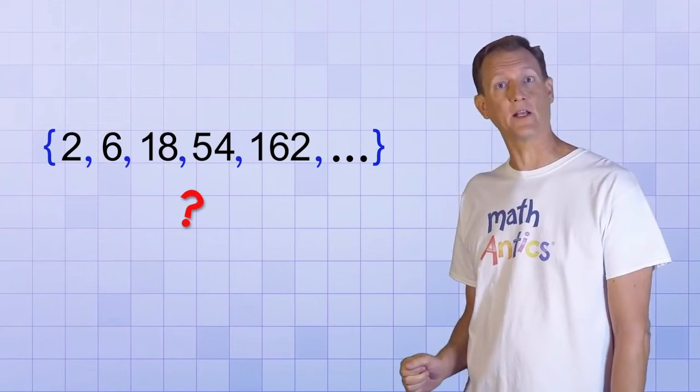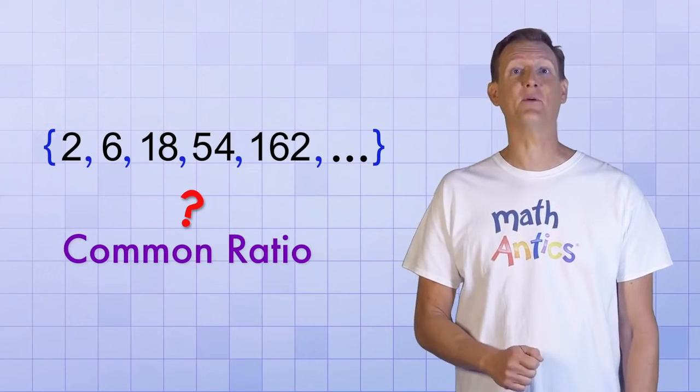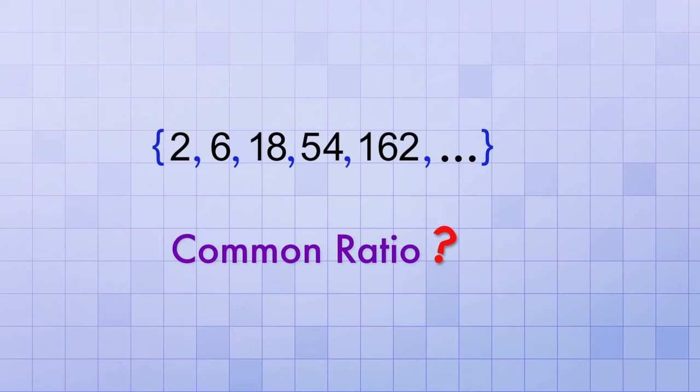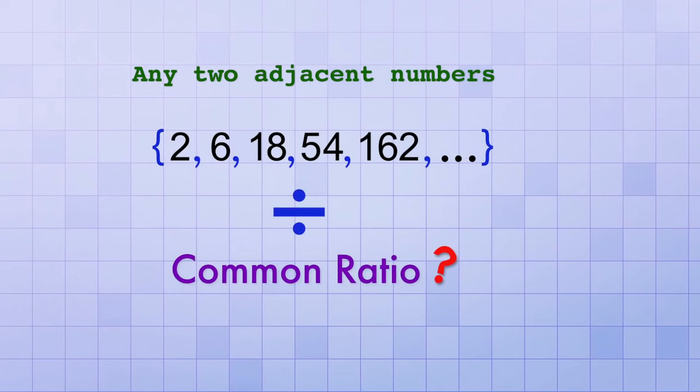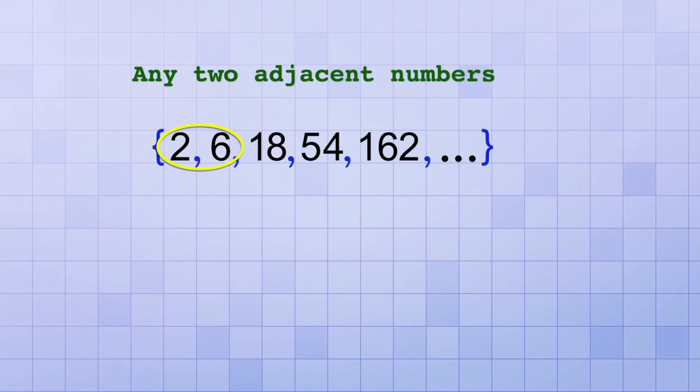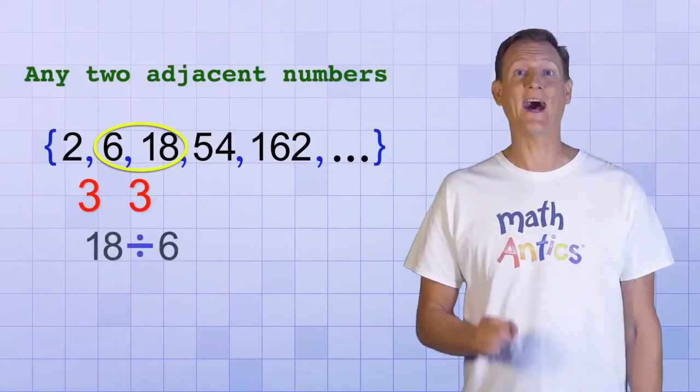But maybe we can find a common ratio instead. Let's see what that means. To find a common ratio, we also take two adjacent pairs of elements, but instead of subtracting them, we divide them. For example, if we take the first two elements and divide them like this, 6 divided by 2, we get 3. And if we take the next two adjacent elements and divide them like this, 18 divided by 6, we also get 3. Aha!